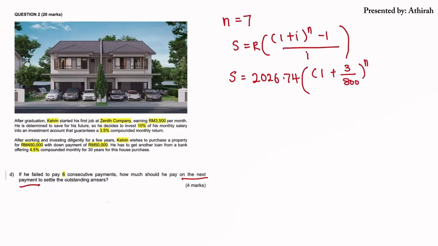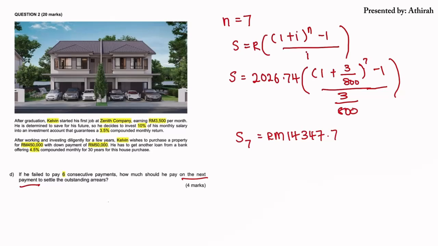N is 7, minus 1, over 3 over 800. And then press the calculator and you will get RM 14,347 ringgit and 79 cents. So that is the final answer, and that is the amount that he should pay on the next payment to settle the outstanding arrears.